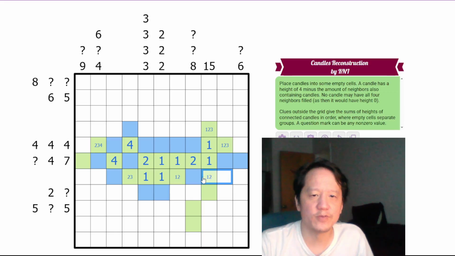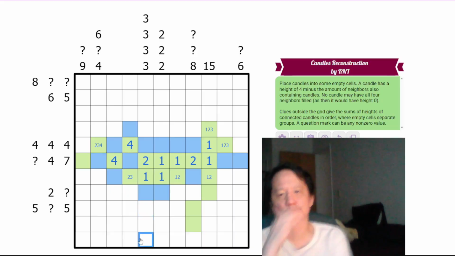We don't have any information there. 2, 3, or 4. We could have 3 blank 3 there. That is possible.